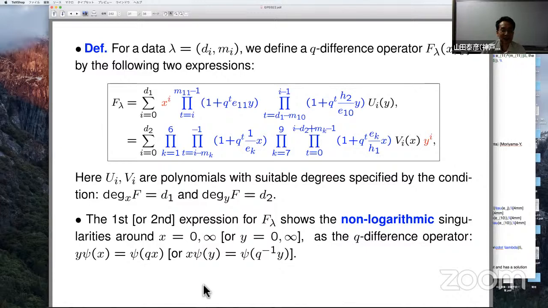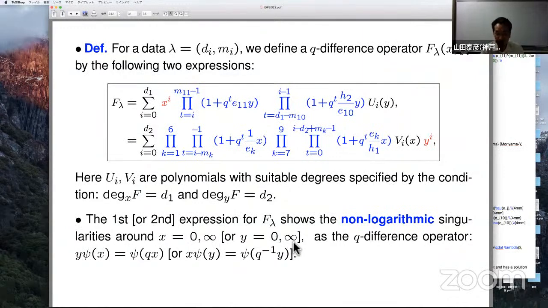And in the second picture, we are considering x as the shift operator on the y variable. And this condition shows that in both pictures, they have the non-logarithmic singularity on x equals 0 or infinity and y equals 0 or infinity.